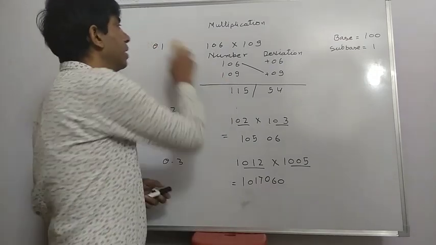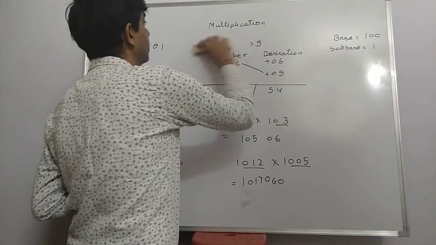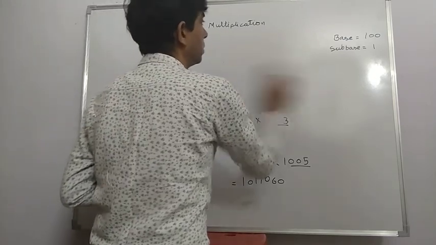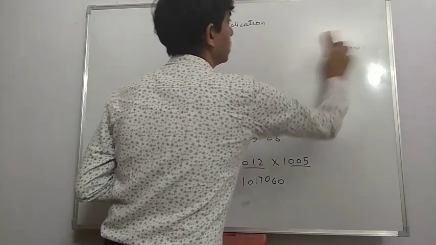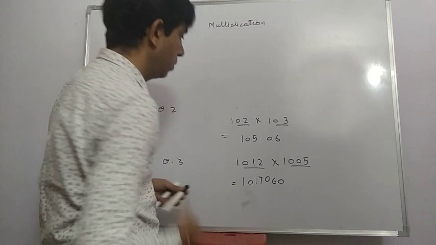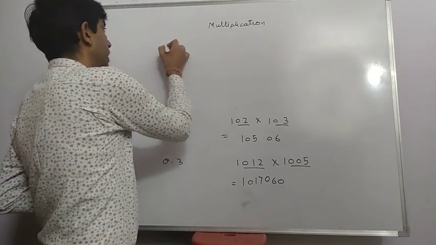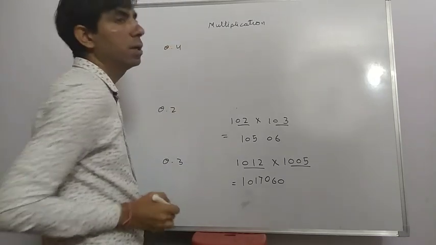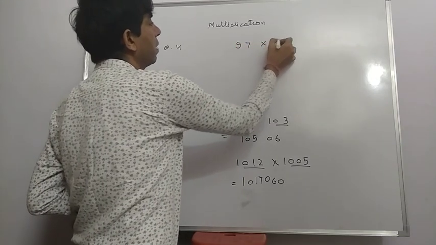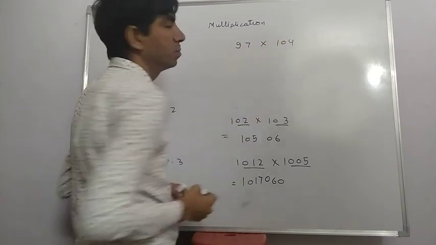Let's solve another example. Next question is 97 multiplied by 104.